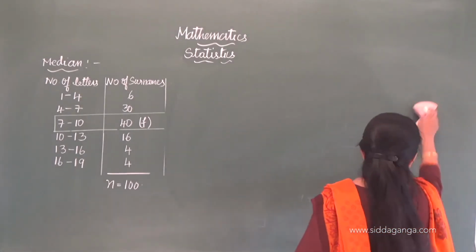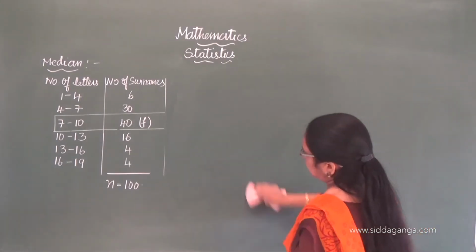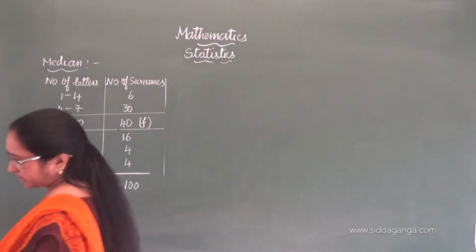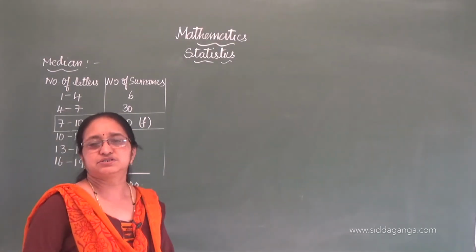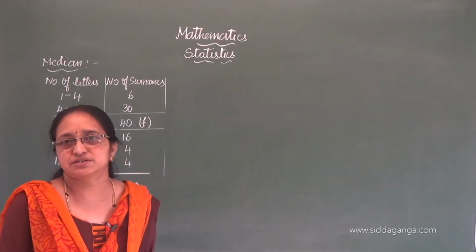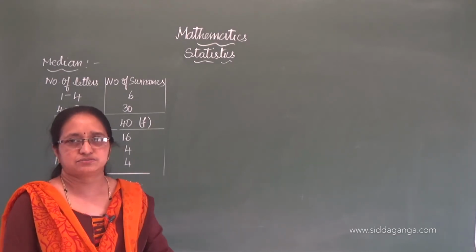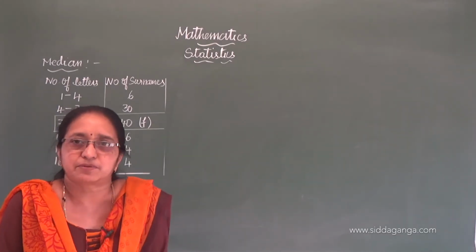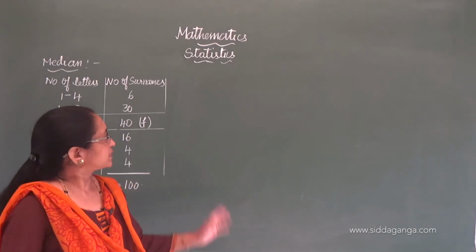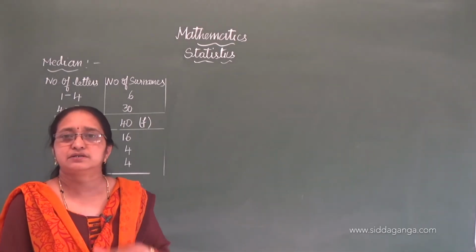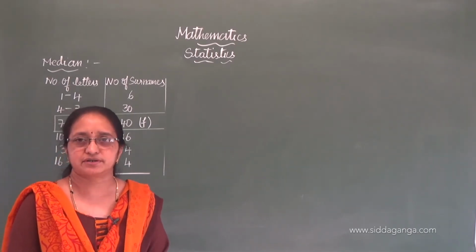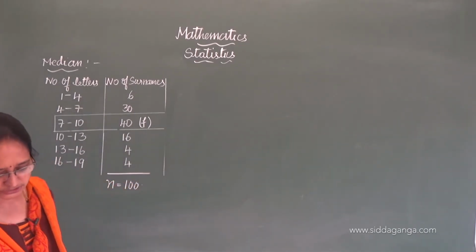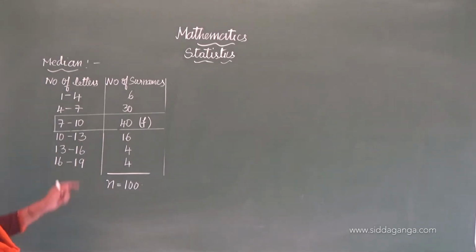For the mean, you all know there are three methods: direct method, assumed mean method and step deviation method. I told you the step deviation method is appropriate sometimes, because the values will be smaller in that. So I am going to do the step deviation method.